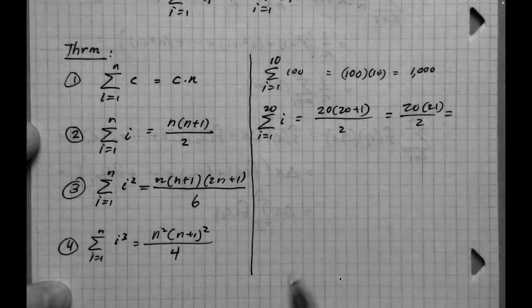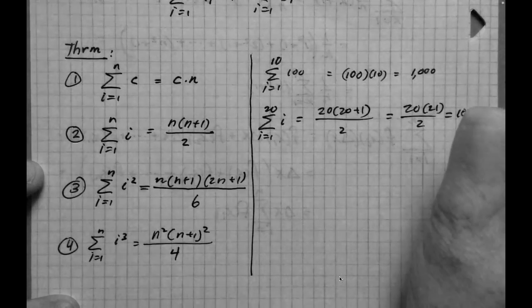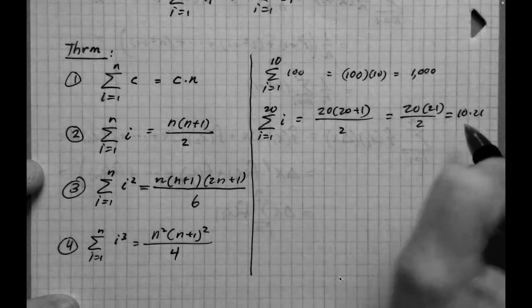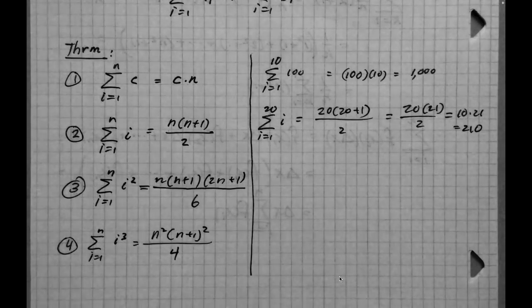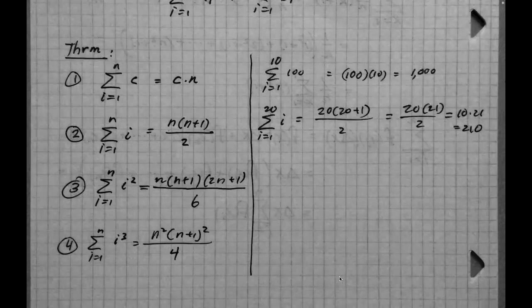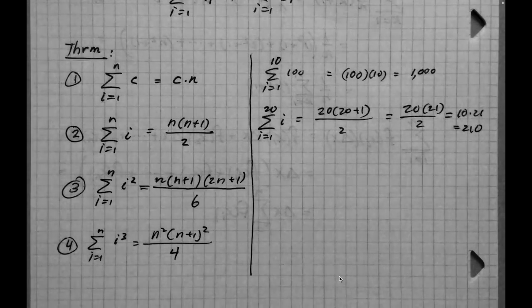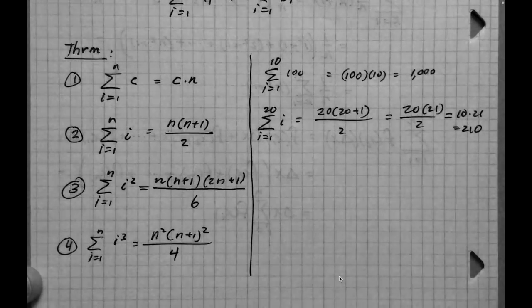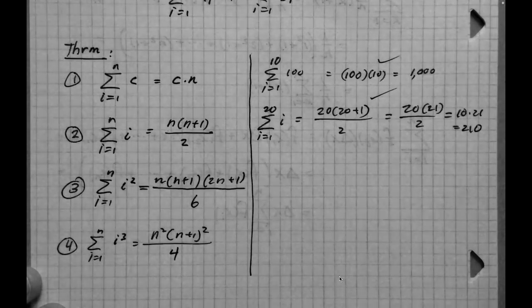You could multiply that together, and I guess it's obvious that it's 210. So 1 plus 2 plus 3 plus 4 up to 20 is 210. You can confirm that. This is just a nice formula to get you to that finish line really quickly.